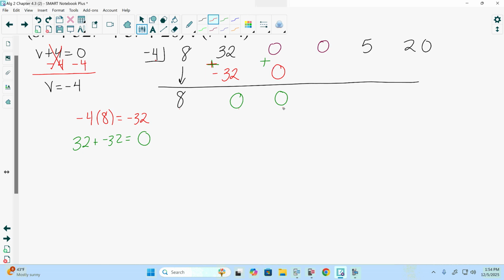Negative 4 times 0 is 0. Then we need to add straight down. 0 plus 0 is 0. Now we're going to multiply again. Negative 4 times 0 is 0. And then we will add straight down. 5 plus 0 is 5.